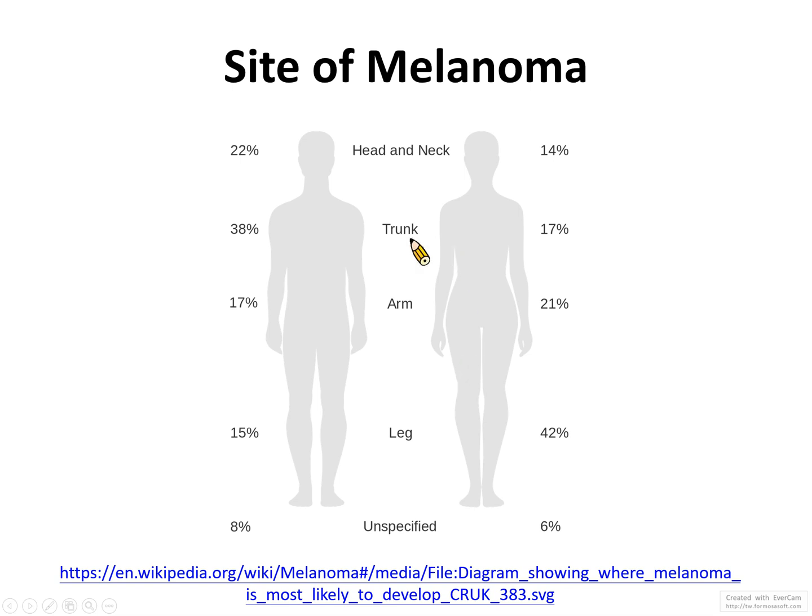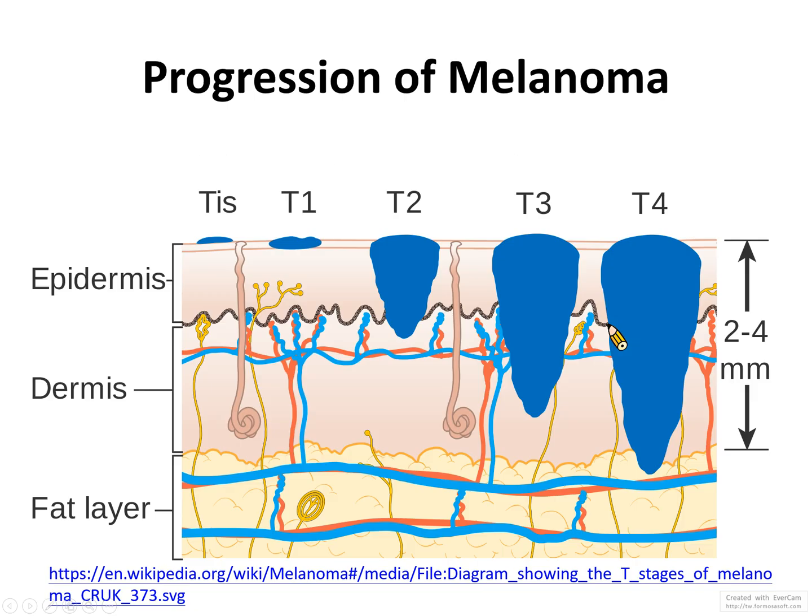Usually the male has a higher risk of melanoma in the upper trunk of the body, but the female usually has a higher risk in the lower leg. So maybe it is just related to the different dressing between males and females.